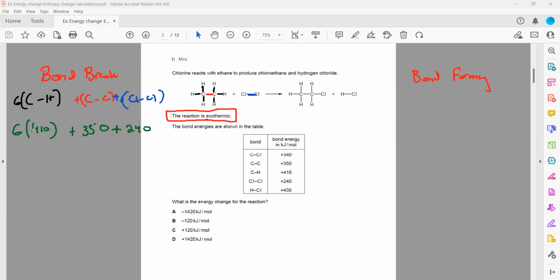So 6 into 410 plus 350 plus 240. What's the final answer? 3050. So the bond breaking energy is 3050.